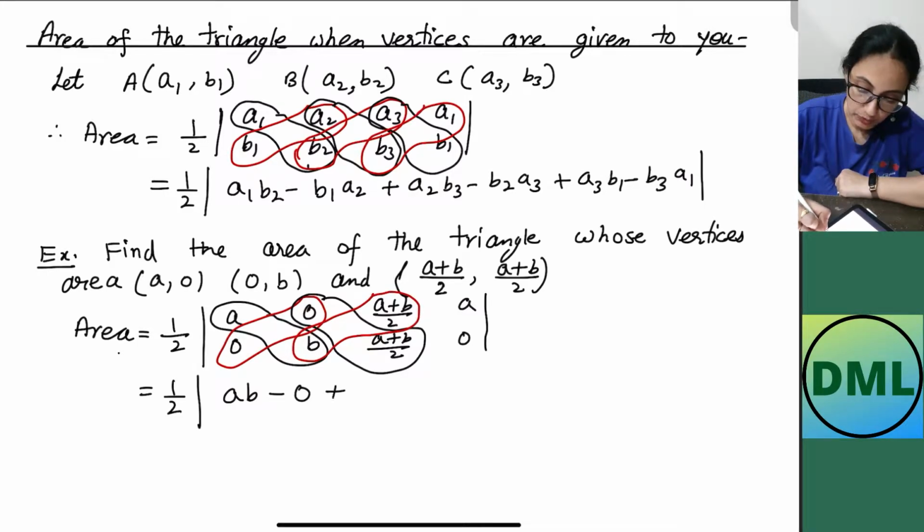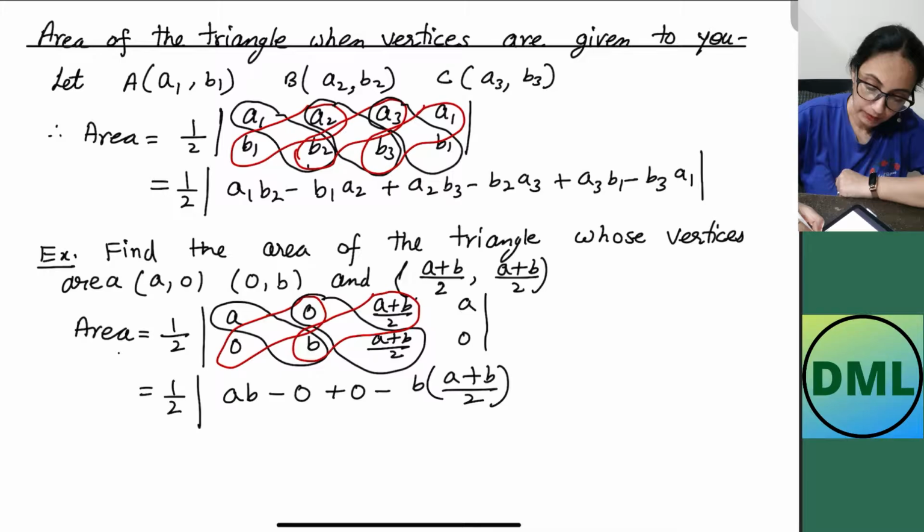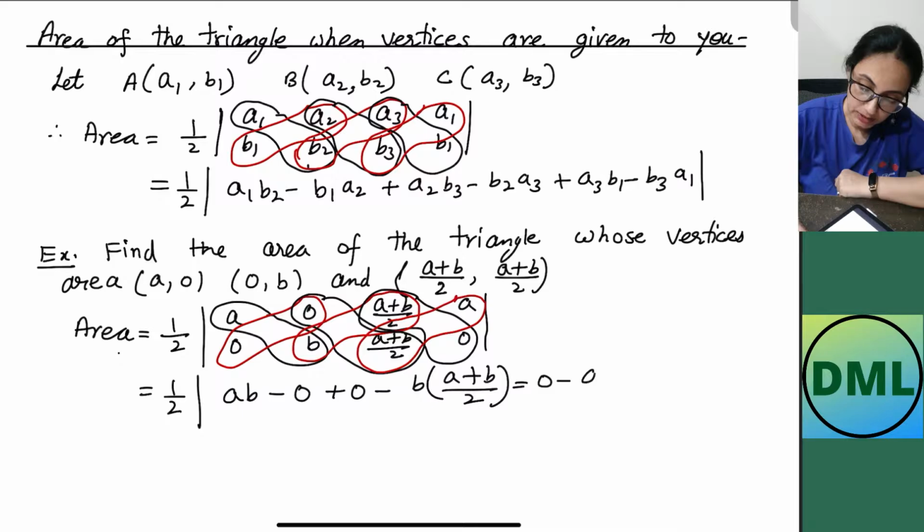So that is 0 minus b times (a+b)/2. Now I have to multiply (a+b)/2 times 0 and then subtract a times (a+b)/2. That is 0 minus a times (a+b)/2, and put the mod again.